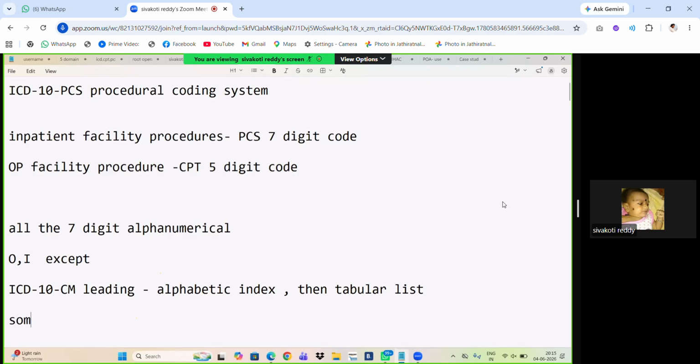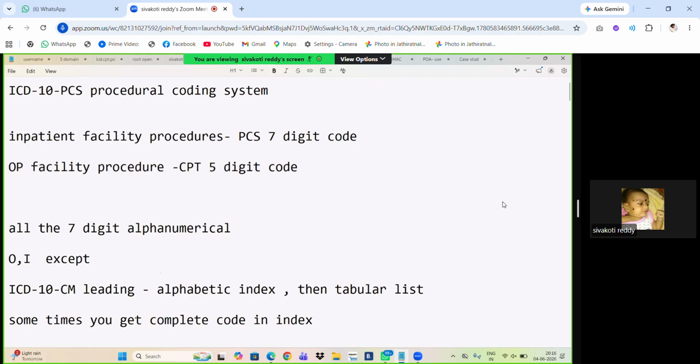Sometimes you will get the complete code in the index itself. Sometimes we need to go to the tabular list for further characters. But every code must be verified in the tabular list. That's it. Suppose you want to code hypertension, you will directly get I10 in the index.